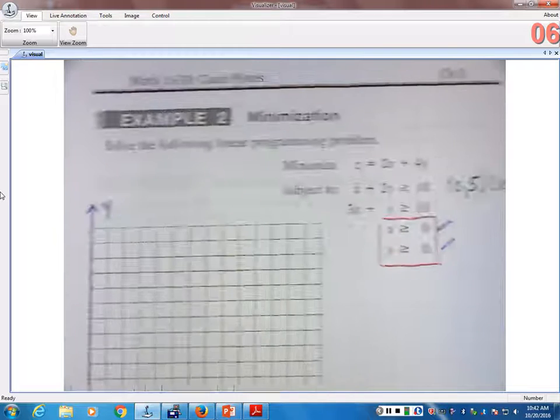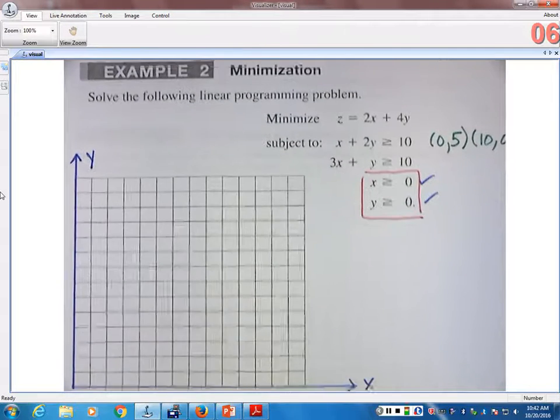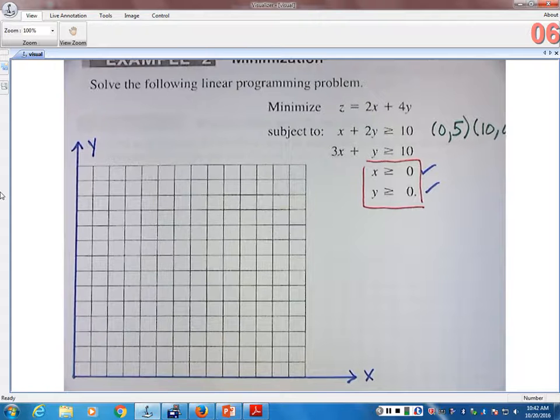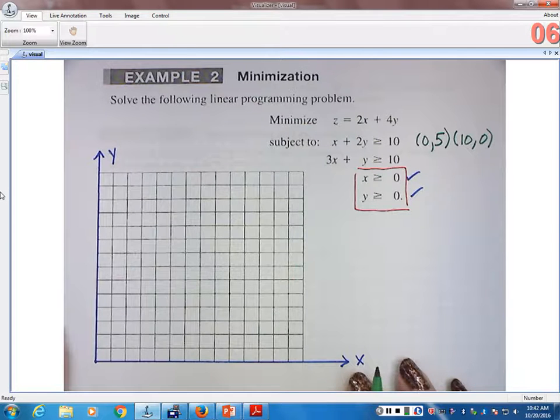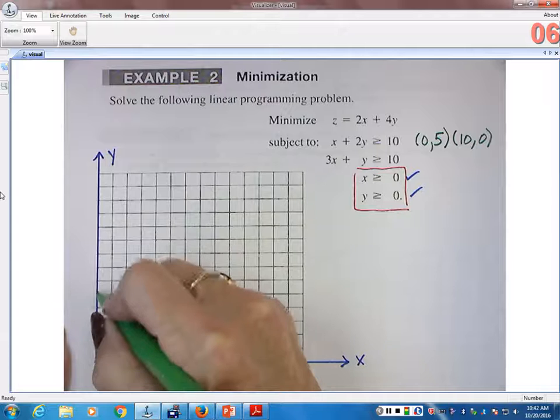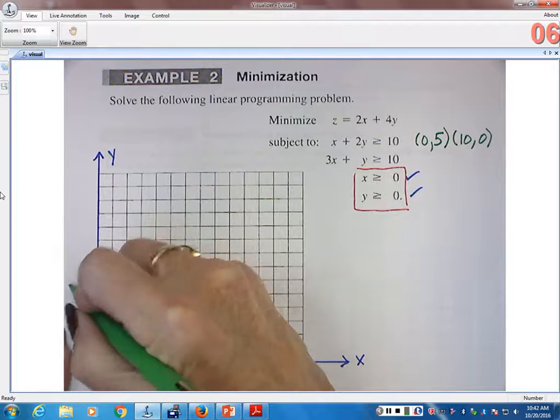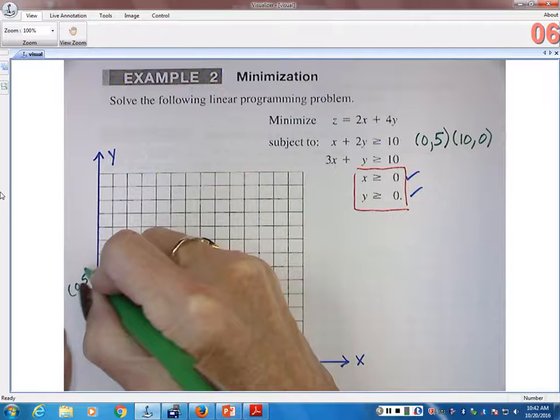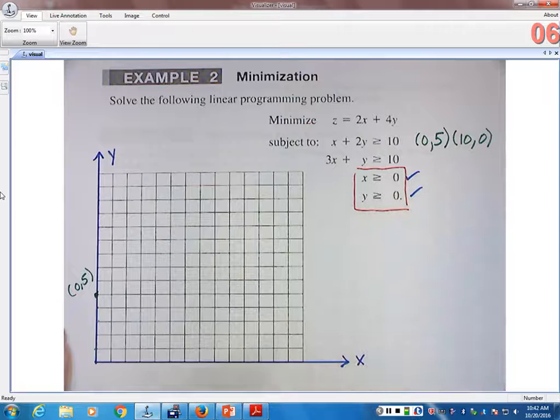So we'll just plot those two intercepts. 0, 5, 1, 2, 3, 4, 5. And 10, 0, 1, 2, 3, 4, 5, 6, 7, 8, 9, 10.